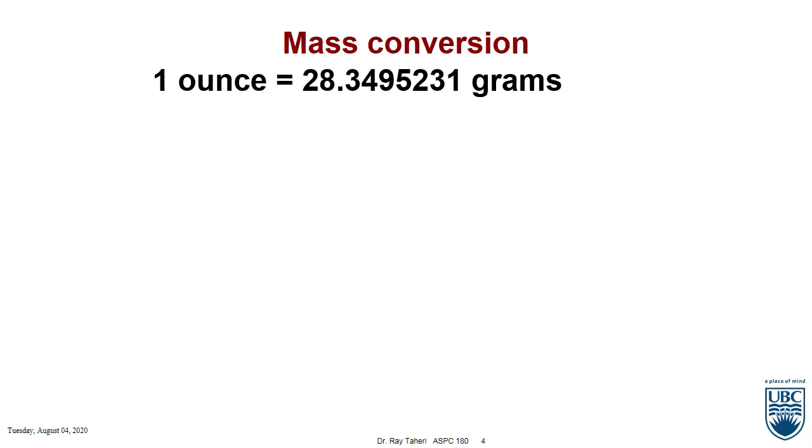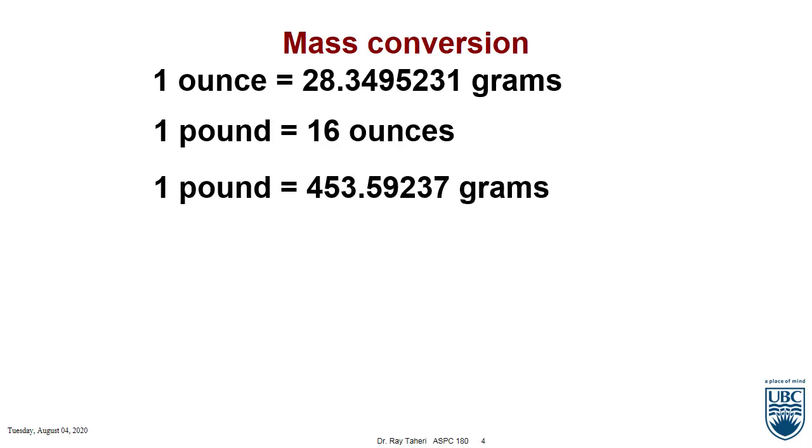For 99% of cases when you use an ounce of anything, it is 28.34 grams. 1 pound is 16 ounces. So from now you can do simple math to find how many grams are in 1 pound: 28.349 multiplied by 16, which is 453.59 grams.